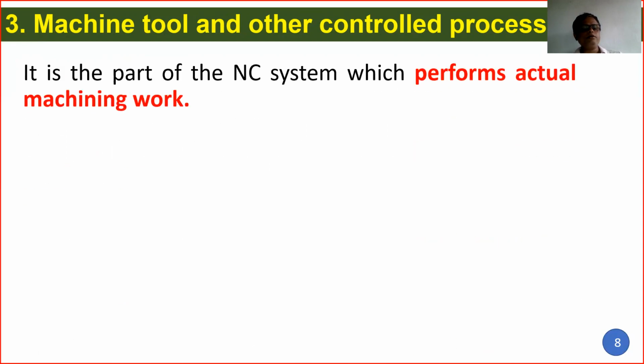The third part of the NC machine tool is the machine tool. It is the part which does the actual machining work.